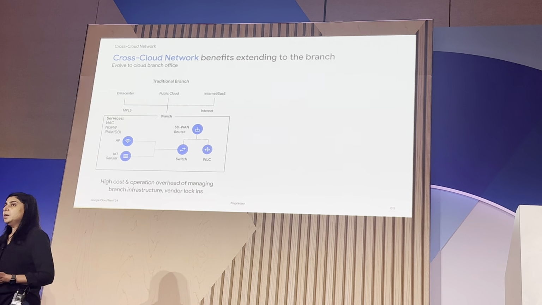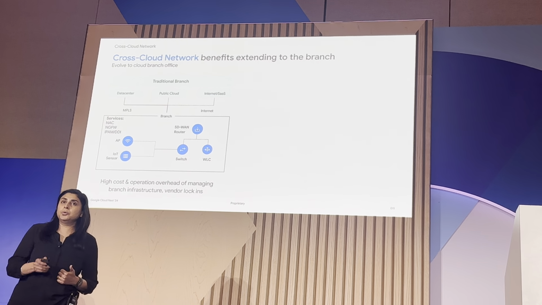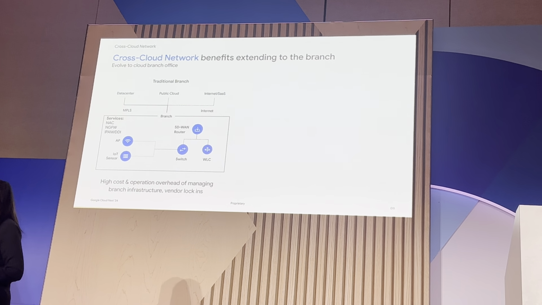First, we are working with our partner ecosystem to deliver the services of your choice as SaaS services in GCP that you can quickly and rapidly deploy from any of our regions. Next, our global backbone will ensure that your users who are using these services have the same experience as if these services were running in your own environment because of the low latency network that we offer.